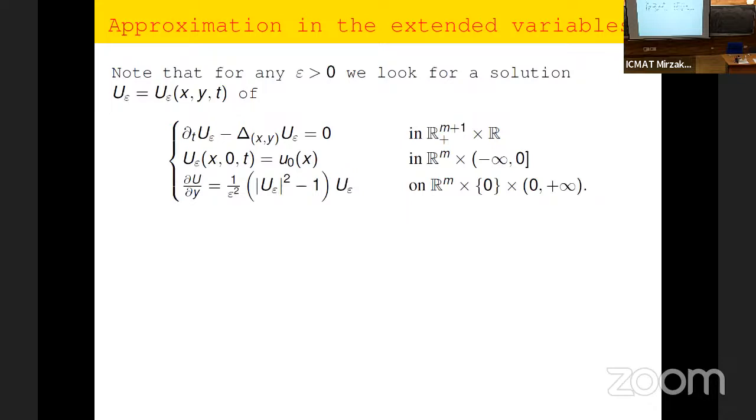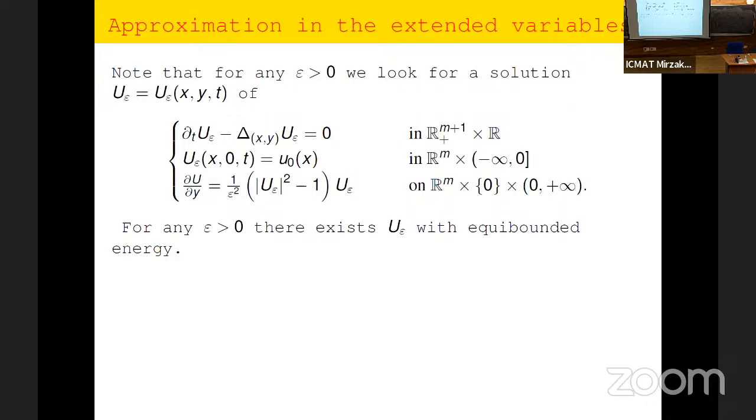So you can really solve this problem like a Cauchy problem by using the Caffarelli extension for negative times, just in space. Then you prove existence of a solution, essentially relying on the fact that this equation combined with this boundary condition is a gradient flow equation for the energy that you expect. Say you have Dirichlet energy plus a Ginzburg-Landau penalization that now acts only on the boundary condition.